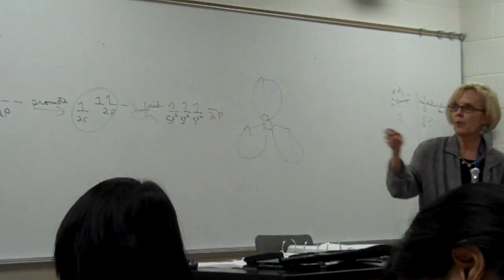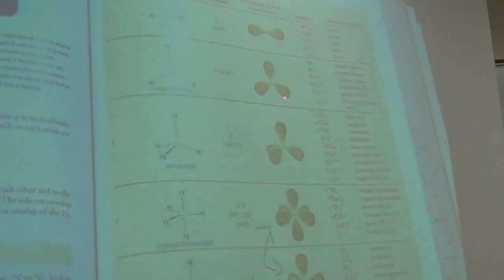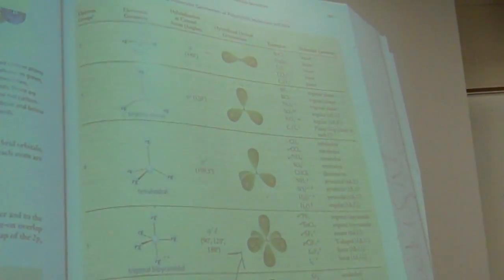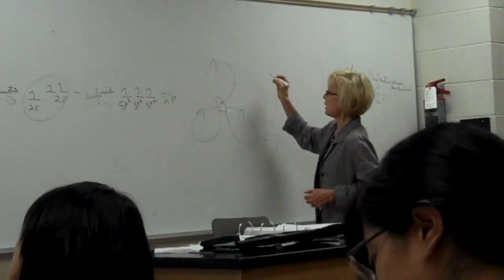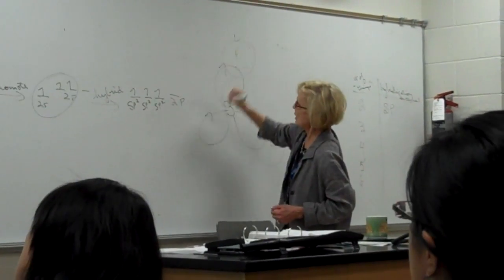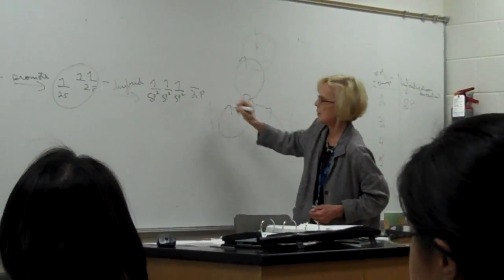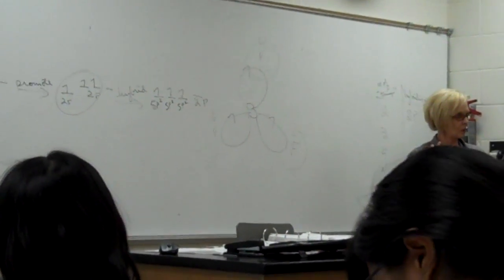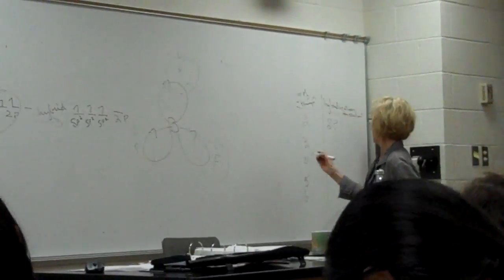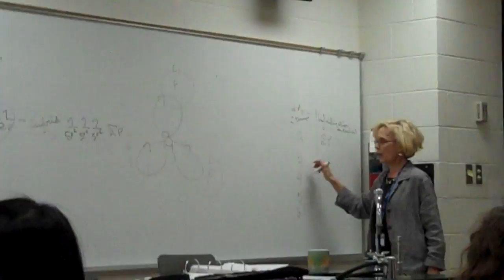So if you look up there, you've got your central atom, an sp2, an sp2, an sp2. Each one of them has an unpaired electron. Here comes a fluorine, here comes a fluorine, here comes a fluorine into bond. What's the bottom line? You have 3 things.